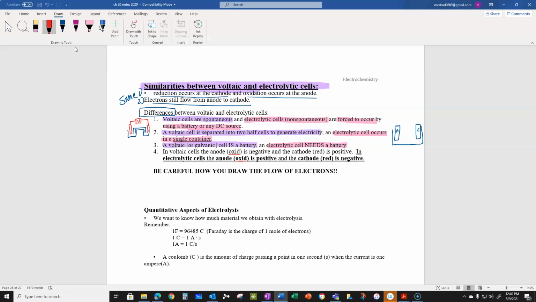It's not part of the reaction. It's just what I need to measure the volts. But with this one, they usually draw little wavy lines to signify a circuit. This part right here is the battery. It needs a battery or it doesn't happen.